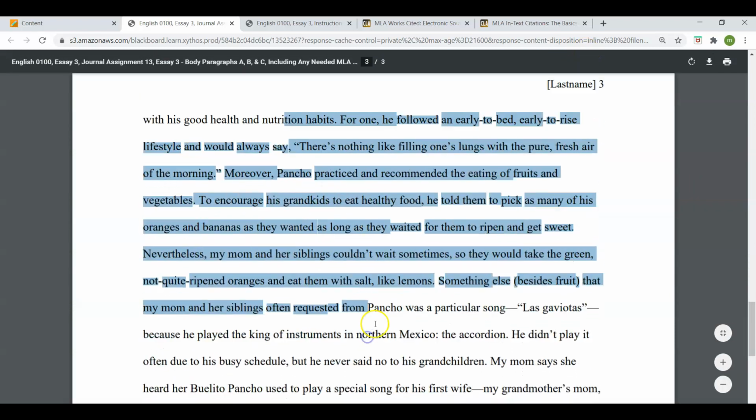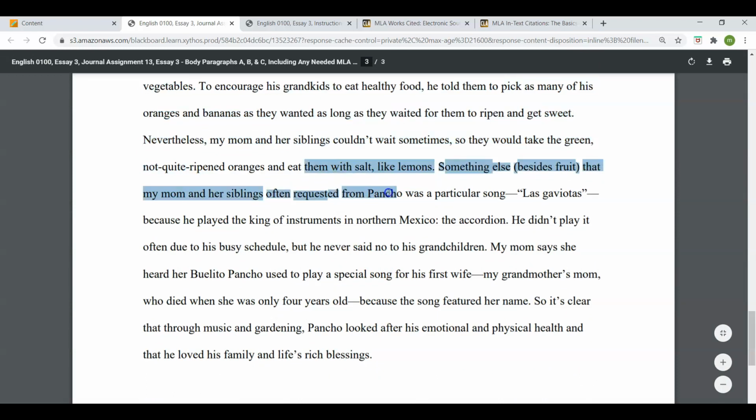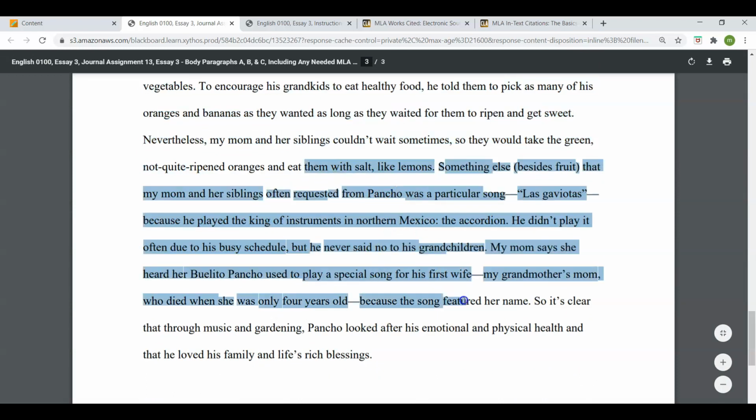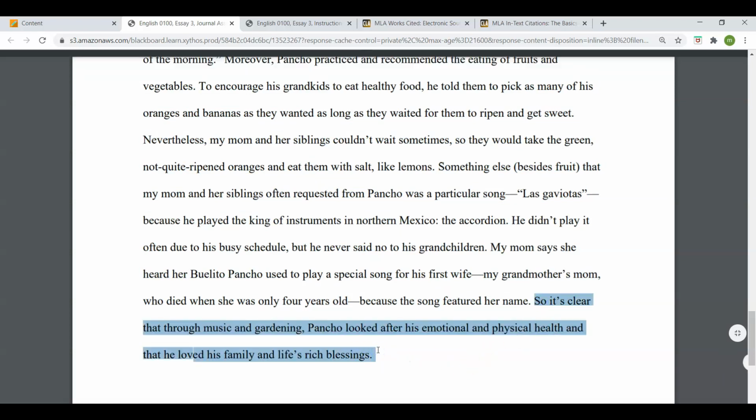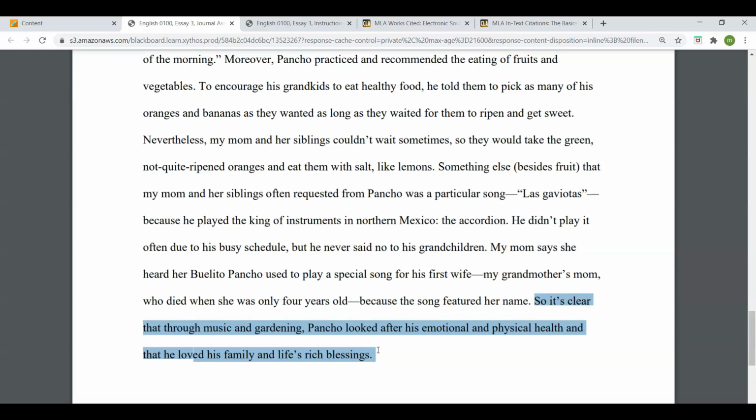These detailed sentences are the blah, blah, blah, properly placed. And then here is my closing remark sentence for body paragraph C. So it's clear that through music and gardening, Pancho looked after his emotional and physical health, and that he loved his family and life's rich blessings. So notice how clear that is.